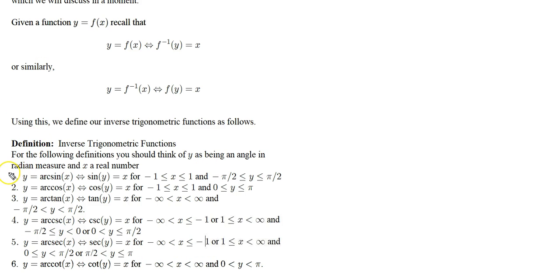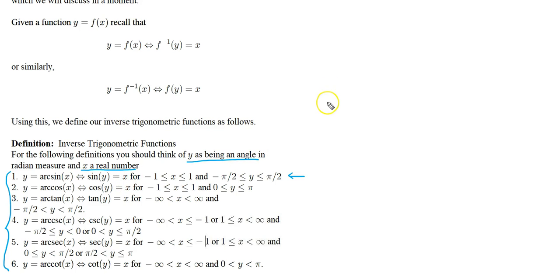Now here we have the definitions for our inverse trigonometric functions. And when you're using these definitions, you should think of the value y as being an angle and x as being a real number. So let's take a look at the inverse sine or arc sine first. That's number 1 right here. So we define y to equal the arc sine of x if and only if the sine of y is equal to x.